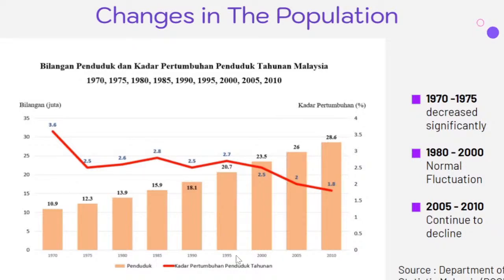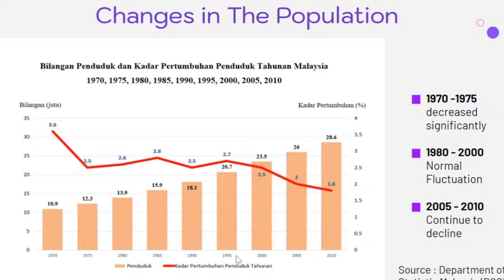At that time, there was only a small inflow of migrant workers in Tanah Melayu, but a large outflow, particularly of Chinese.